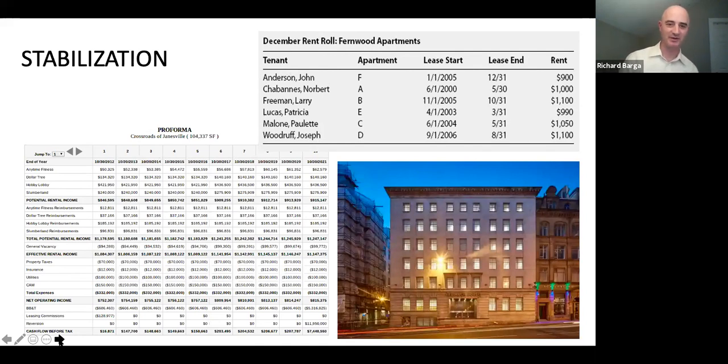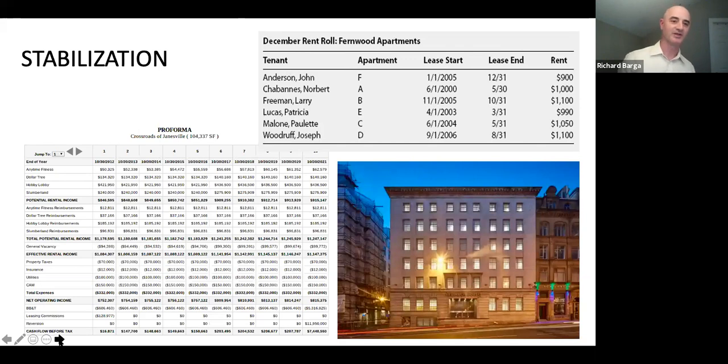The last phase that we want to touch on here is stabilization. You can see stabilization really becomes the financial mechanism to be predictable, where people dive into the numbers and create spreadsheets where they are accounting for their tenants, their lease dates, and how much rent they are paying, which gives them an idea of how much cash flow can be budgeted for month to month, and then year to year.